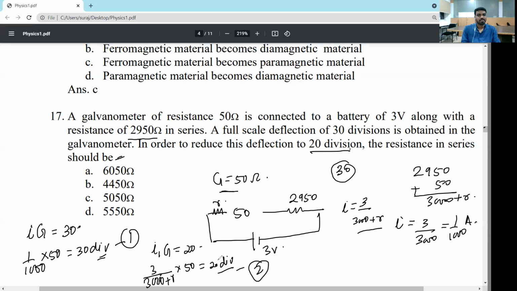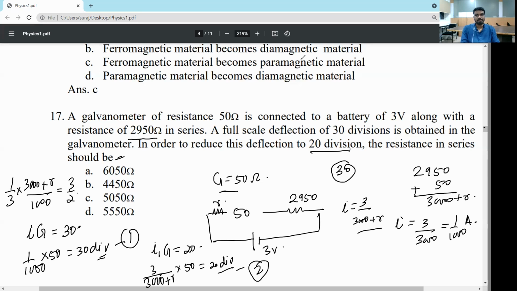That means 3 by 2. So this becomes 1 by 3 into 3000 plus R by 1000, equal to 3 by 2. With this you can solve.